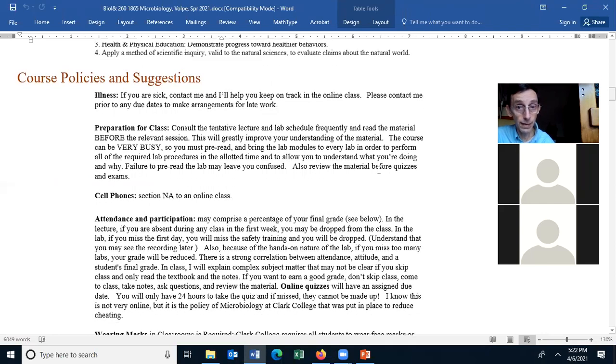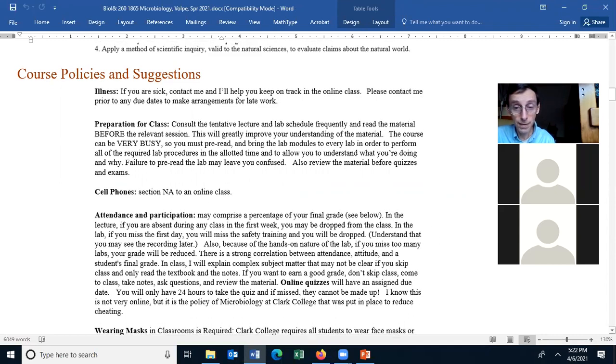You should read the preparation for class. You really do need to read the material. You really should read the labs before you begin the lab. The lectures, you can read after I lecture on them, but you should read them before the quizzes and before the final.